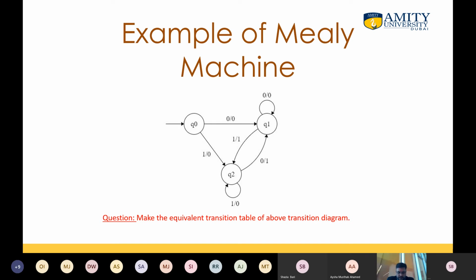Anyone could make the table now? Hello? Aisha, are you able to make it?